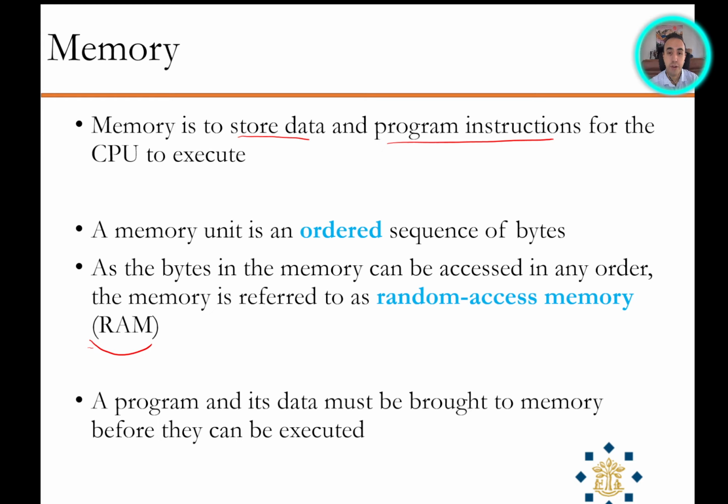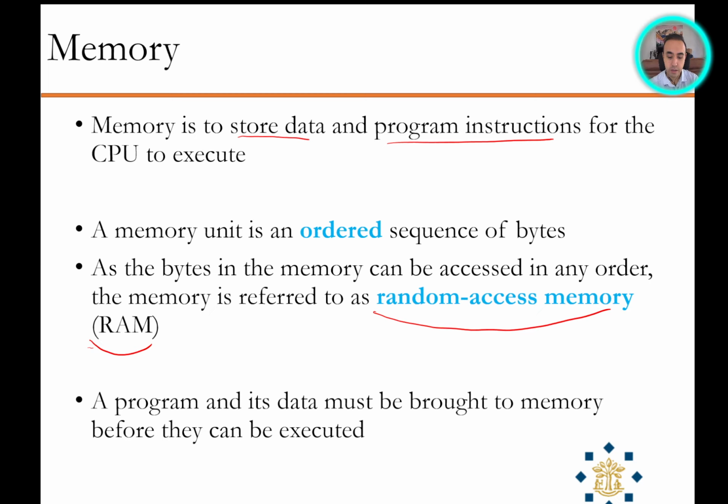Why is it called RAM and not just memory? Because you can access memory randomly. Although a memory unit is an ordered sequence of bytes, you don't have to go through them one by one to reach J, for instance. You don't have to pass A, B, C, D, E, F, G, and H and then go to J. You can go directly to J, skipping all the prior characters. That's why it's called random access memory.